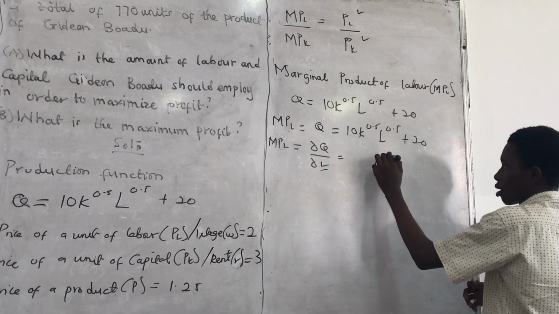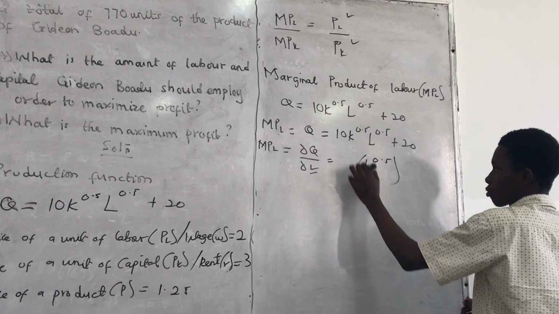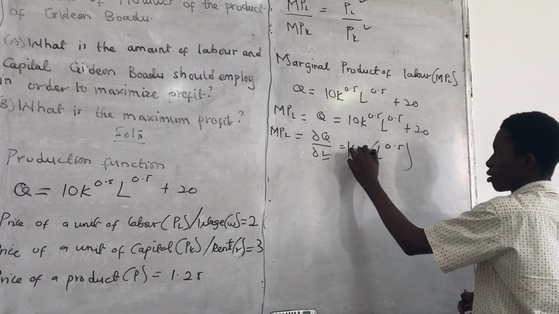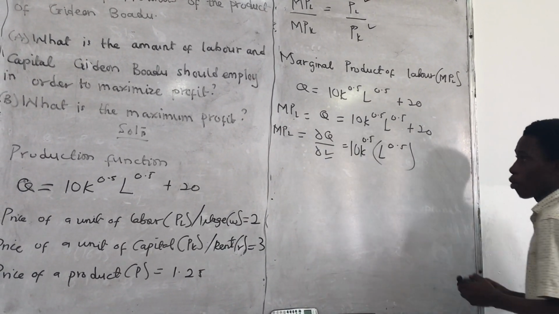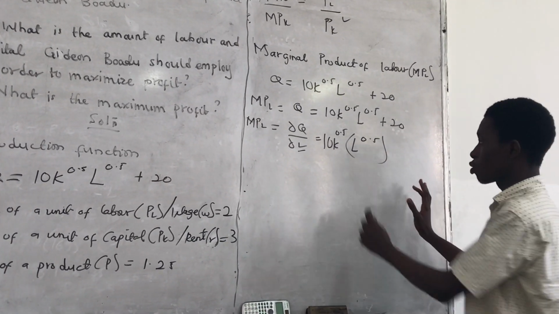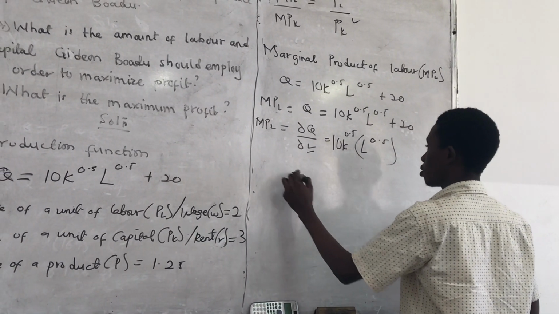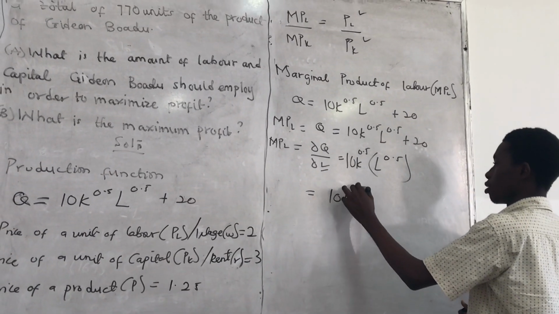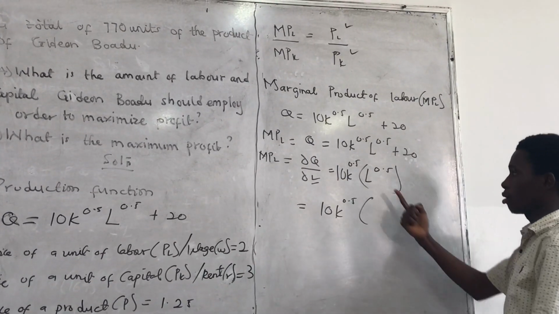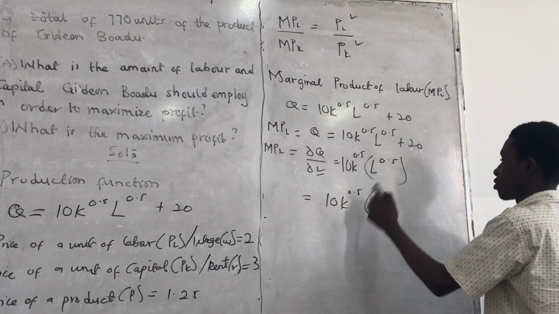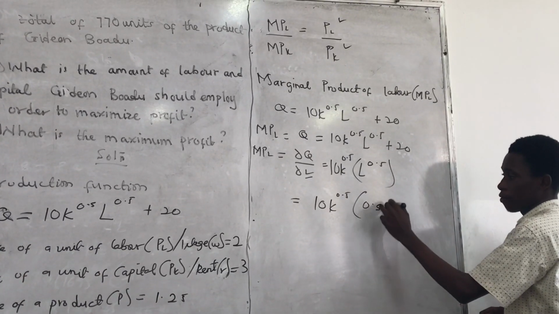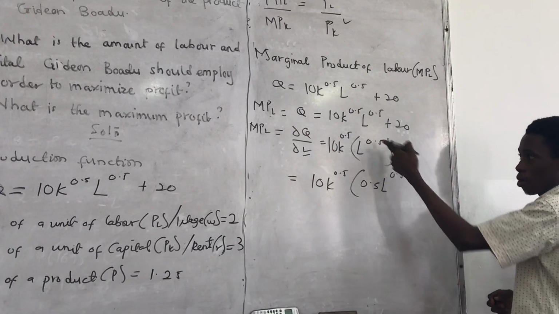So we have (L)^0.5, and we are left with 10K^0.5. Whenever you differentiate a constant, it becomes 0, so we don't write it. By the law of indices, the power of the variable comes in front. So the 0.5 comes in front of L, then we subtract 1 from the 0.5.